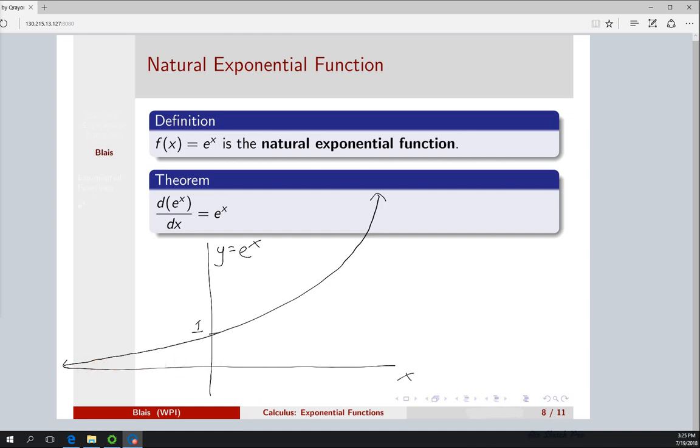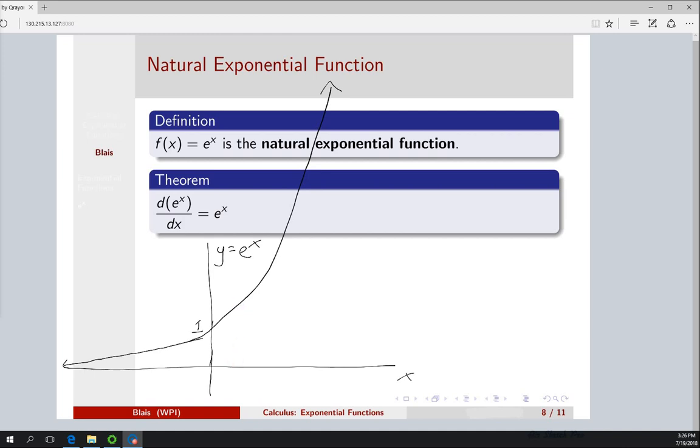But the neat thing is, if you think about what this means, at any given x, the slope of the tangent line is given by the function value.